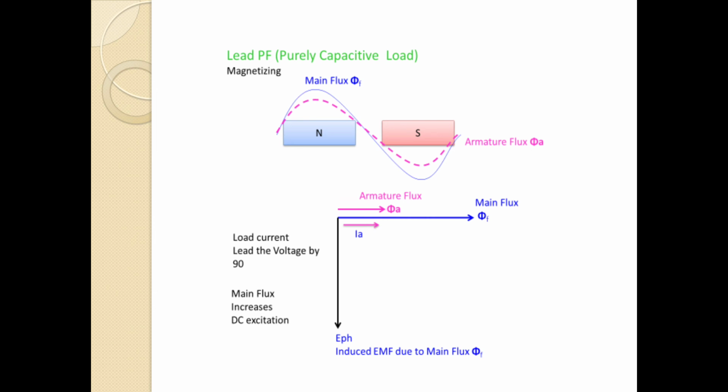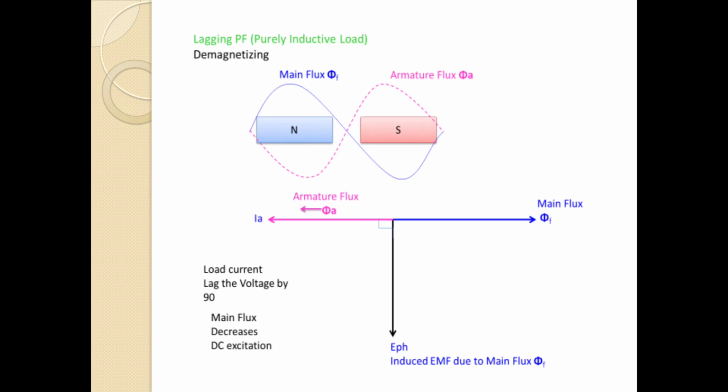Then next one is zero leading power factor load. Let a pure capacitive load be connected to the alternator. Induced EMF per phase E phase drives a current I phase through the capacitive load, which leads E phase by an angle of 90 degrees.